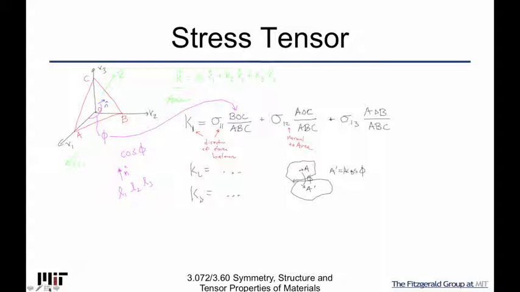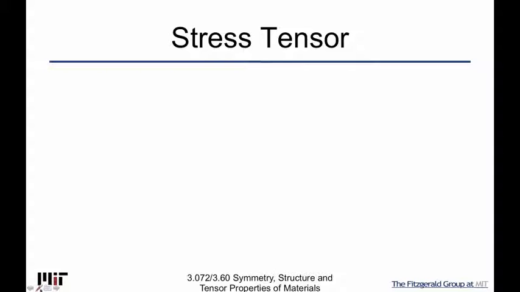So if you let me clean up here and put this together, I'm going to have K1 equal to sigma 1,1 L1. Remember, that's just the cosine of phi, plus sigma 1,2 L2 plus sigma 1,3 L3.